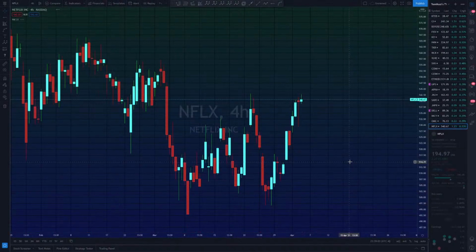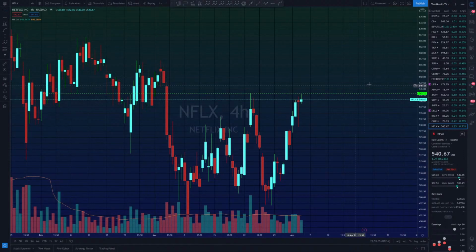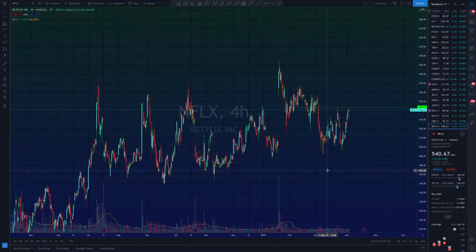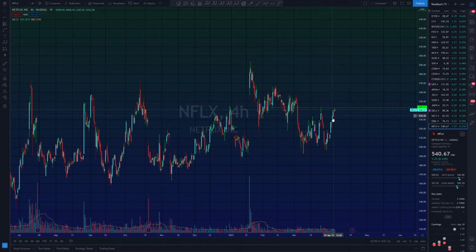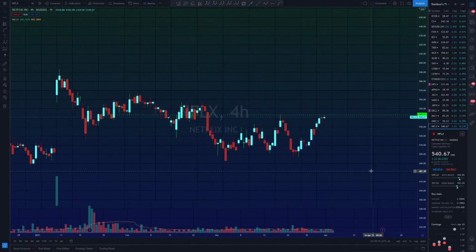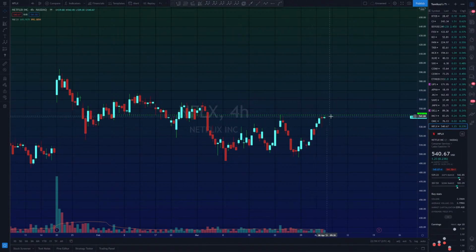I think Avery's in Netflix. I need Netflix over 543 before I touch it. But over that, Netflix can really fly. It broke all the downtrends, which is good, so now it's in full reversal mode. I'm curious to see if it makes a wave 4 right here, or if this was the wave 4. This actually looks like a 1, 2, 3, 4, 5, so I think it's going to trade sideways a little bit.